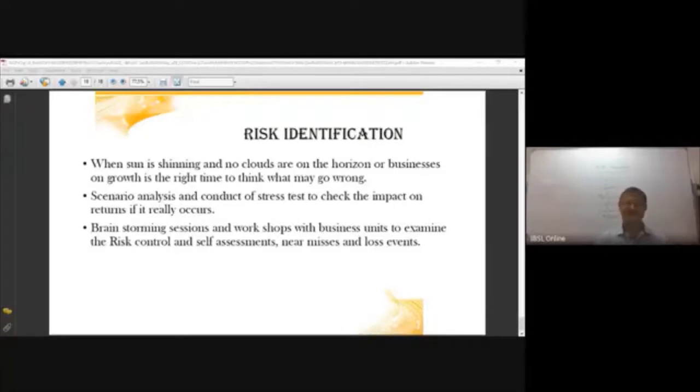That was the idea given in the late 90s. In 2004, this committee again brought about a Basel II Accord. In that, they also said it's not only credit. Your market risk and your operational risk will also contribute to the collapse of banks.